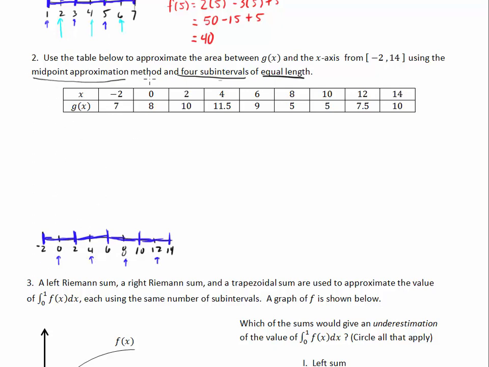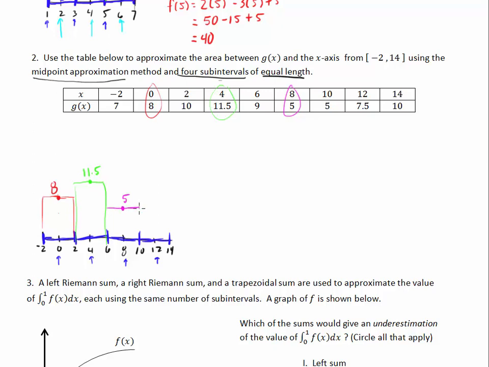So let's start with 0. If I plug in 0, I get out 8, and that's going to determine how tall my rectangle is. Next, if I plug in 4, I get out 11.5. If I plug in 8, I get out 5.